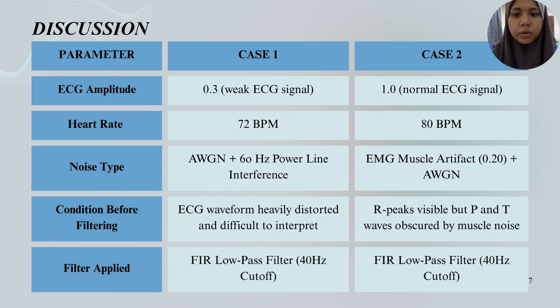So the QRS complexes were successfully recovered, making the signal easier to analyze. And this is possible because the 60 Hz interference lies within the filter attenuation region. In addition, the FIR filter has a linear phase response which preserves the original shape of the ECG signal. So a 25 sample group delay compensation was also applied to align the filtered signal with the original waveform.